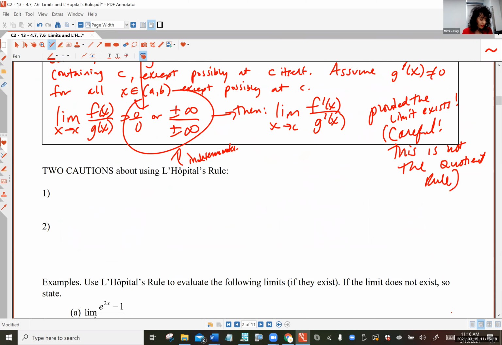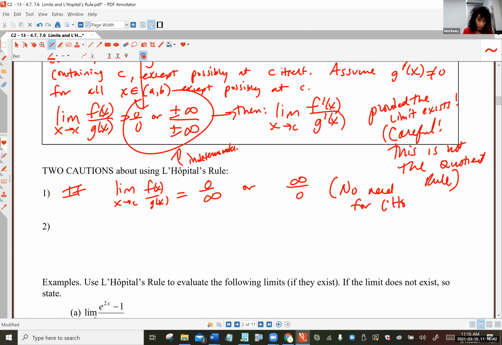So what are the two cautions? If you take the limit as x approaches c of this weird fraction, f of x over g of x, and you get 0 over infinity, or infinity over 0, you don't need L'Hopital's. Why not? Go check your limit facts on the previous page.